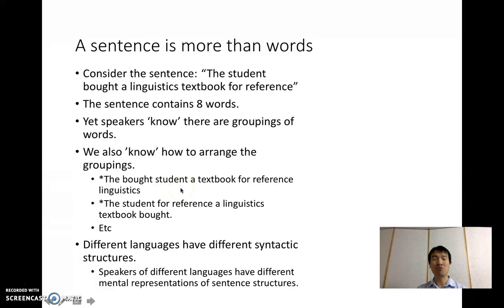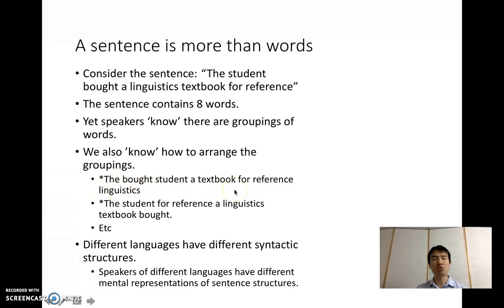Because they are ungrammatical. Or even if you keep the groupings, they are arranged in a particular way, so you cannot even say "the student for reference a linguistics textbook bought," etc. For all the ungrammatical sentences, I always put a star in front, and there are tons of these, right?